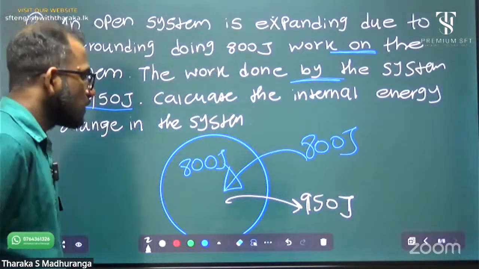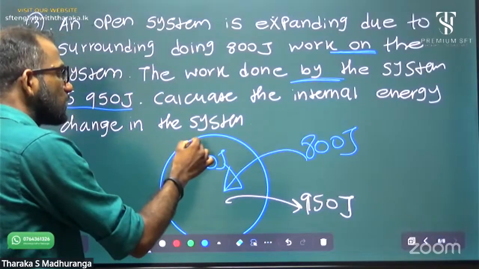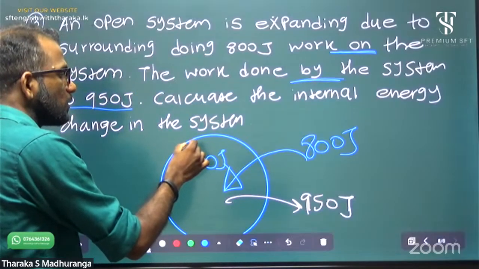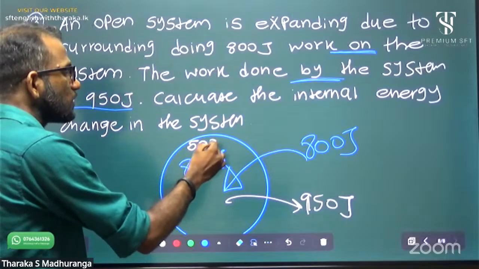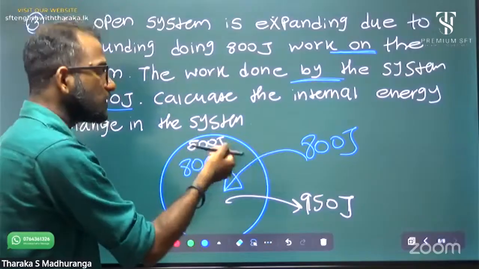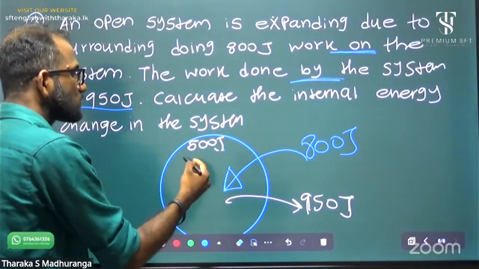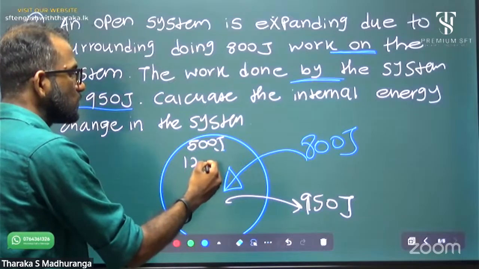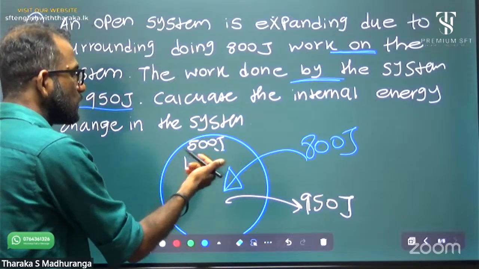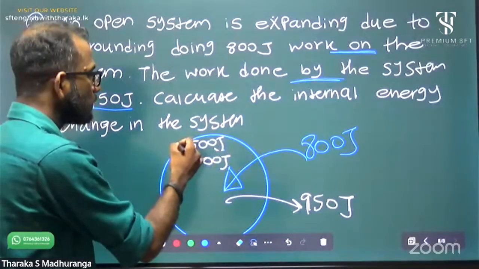Right? Now what happened? Think initially 500 joule is there. Now absorbing work done on the system, it increases by 800 plus 500, 1300 joules. This is an example, right?